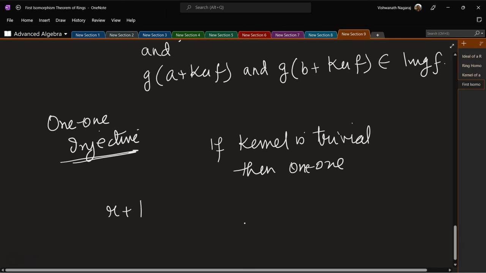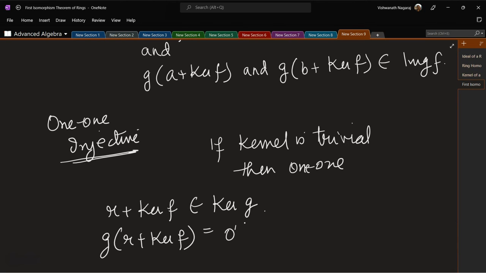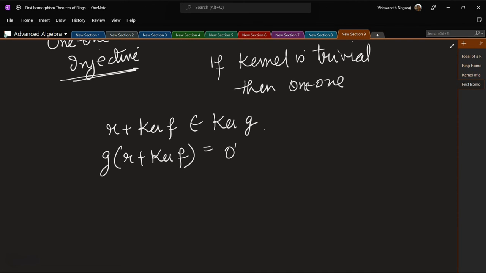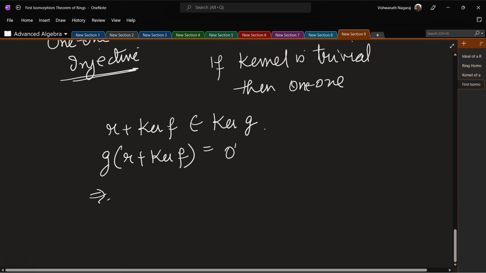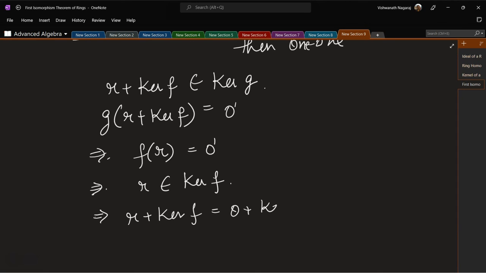Let R plus kernel of f belong to kernel of G. That means G of R plus kernel of f is equal to 0 of the image of f, which implies that f of R is equal to 0 prime, which implies that R belongs to kernel of f, so R plus kernel of f is equal to 0 plus kernel of f.